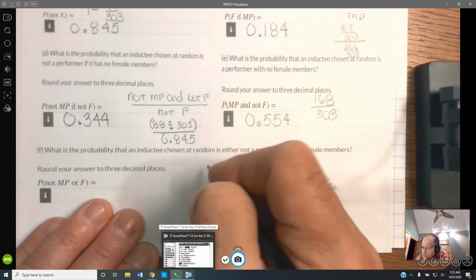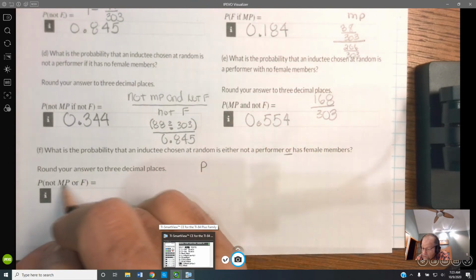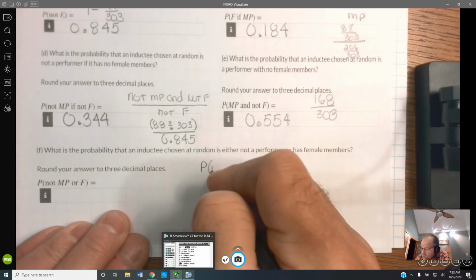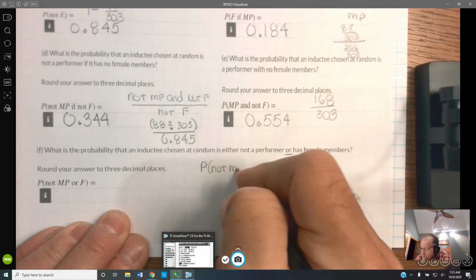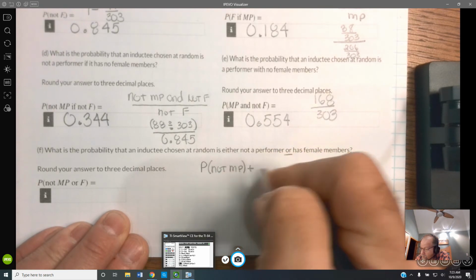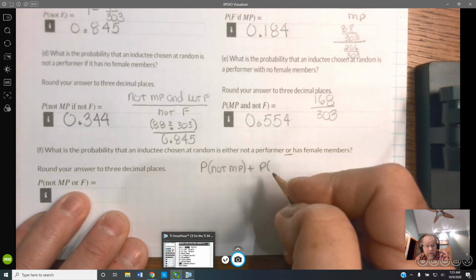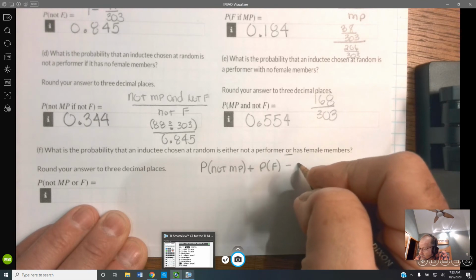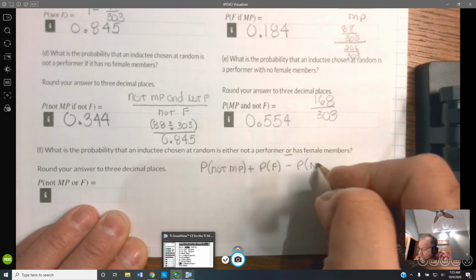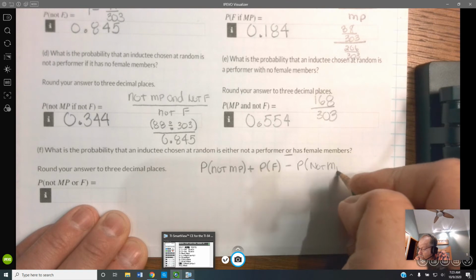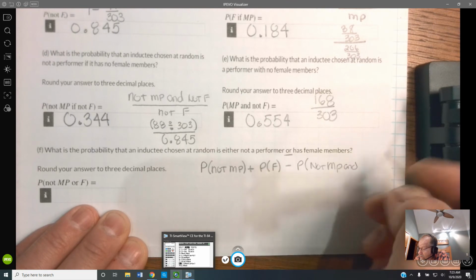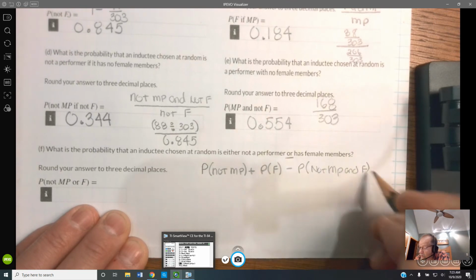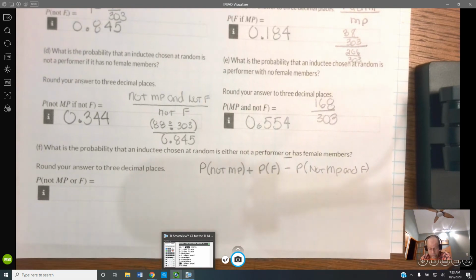So we want the probability of A, which is not a performer, plus we want the probability of F, female, minus we got to take away the probability of not a music performer and female. Remember, the double count. We got to get rid of one of those right there.